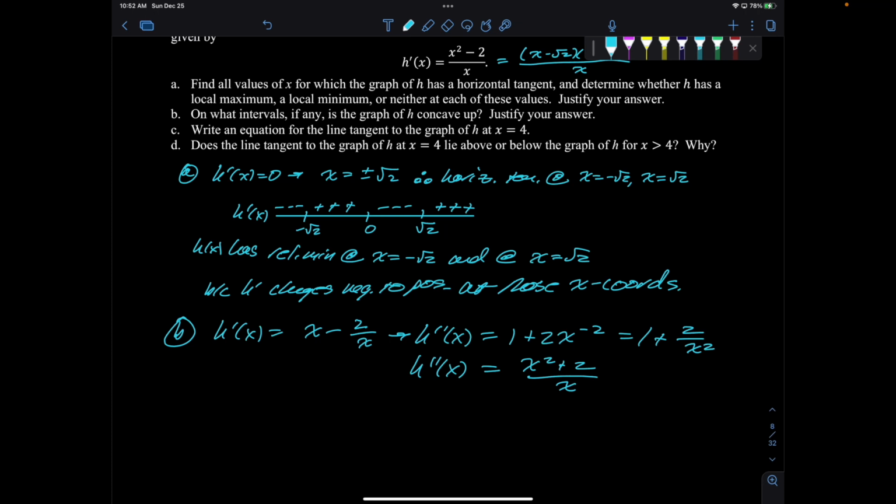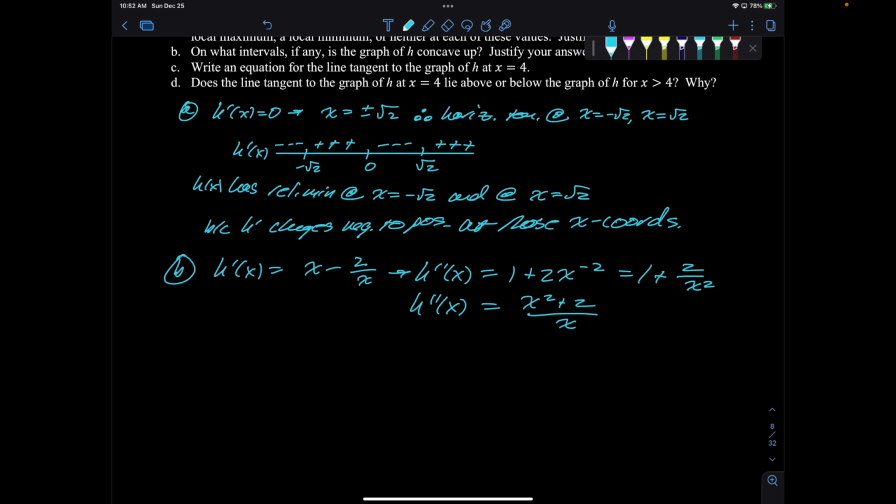And we're looking for concave up, so we need to do a sign chart for h double prime. The numerator has no zeros, so we're just going to go 0. If we test negative a billion here, we will get a positive over a positive, so positive, but we're looking for concave up. If we plug a billion in, we get positive overall.